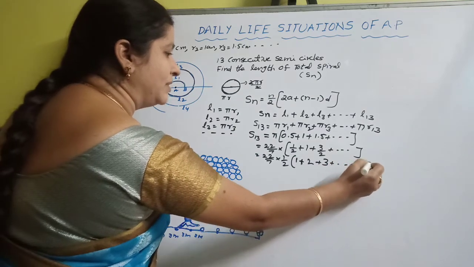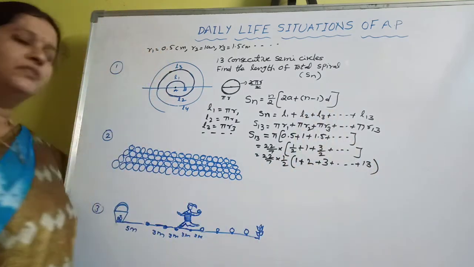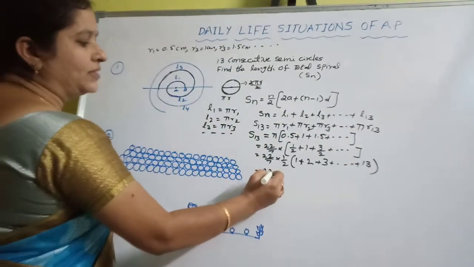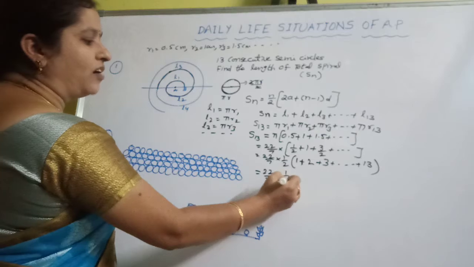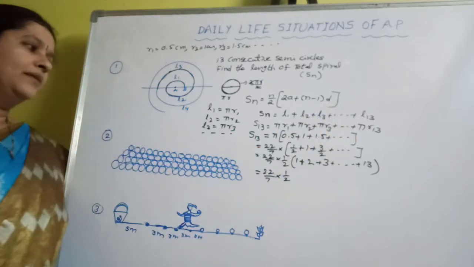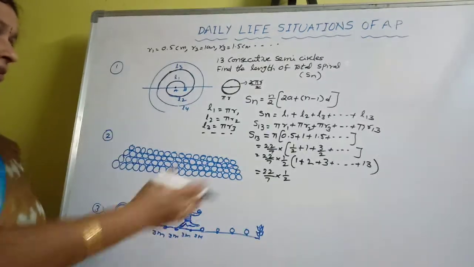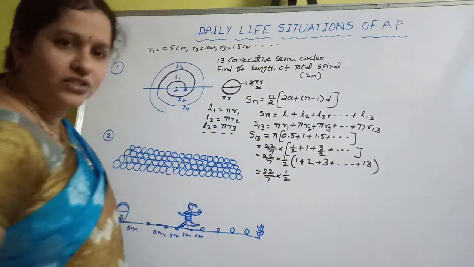The last term is 13, so here there are 13 terms. So simplify this: 22 by 7 into half into, in the brackets, 1 plus 2 plus 3 plus so on up to 13. This is nothing but the first 13 natural numbers.